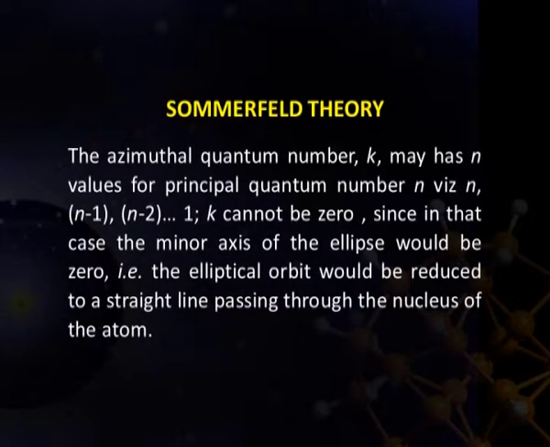The azimuthal quantum number k has n values for principal quantum number n: n, n minus 1, n minus 2 and so on. k cannot be 0, since in that case the minor axis of the ellipse would be 0, that is, the elliptical orbit would be reduced to a straight line passing through the nucleus of the atom.